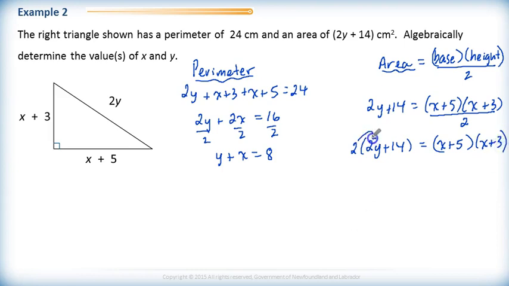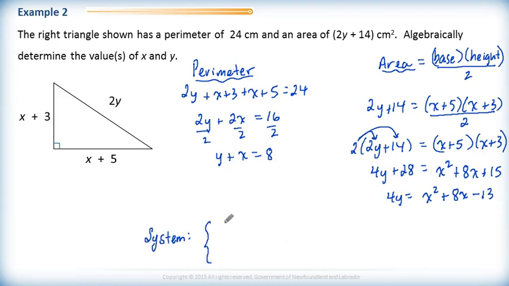Now I distribute this 2 in here, and I've got 4y plus 28 equals, when I do FOIL here, or Benny binomials, as you may have seen me do, x squared plus 8x plus 15. A little bit of simplification, and I've got 4y equals x squared plus 8x. 15 minus 28 will be minus 13.